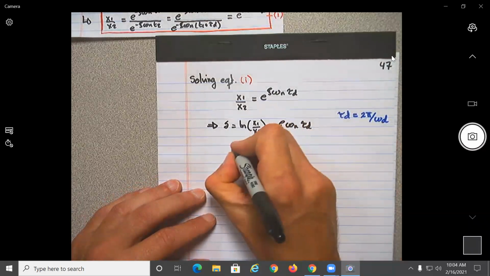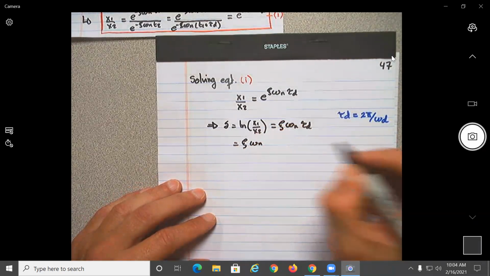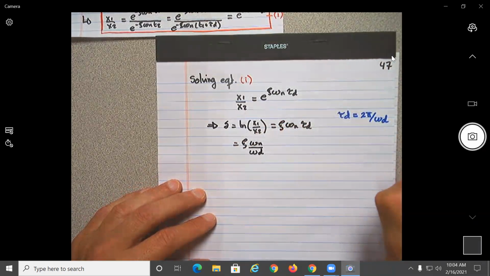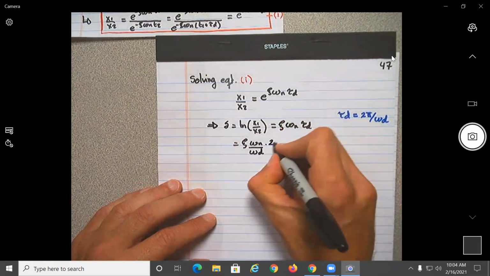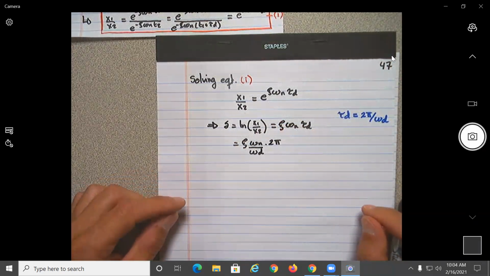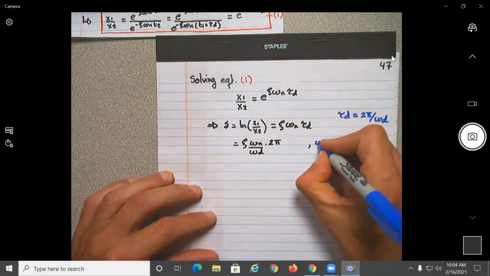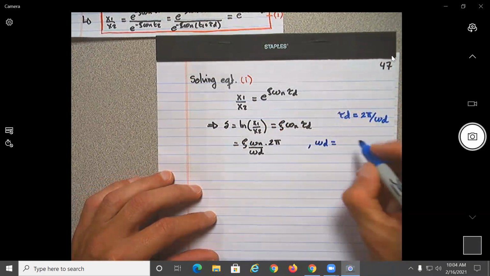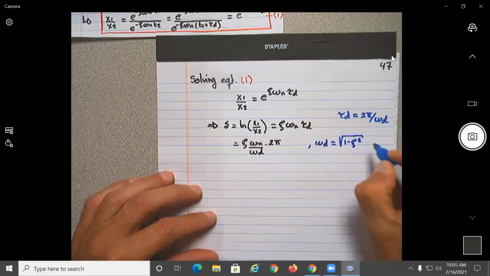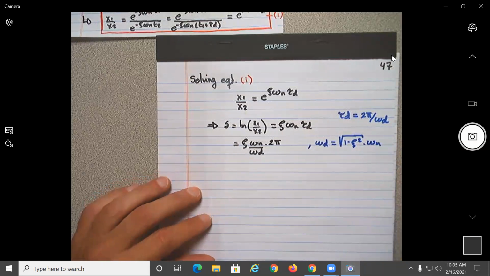So basically we can write this as omega_n divided by omega_d times 2 pi. And we know that the damped natural frequency is equal to the square root of 1 minus zeta squared times omega_n.